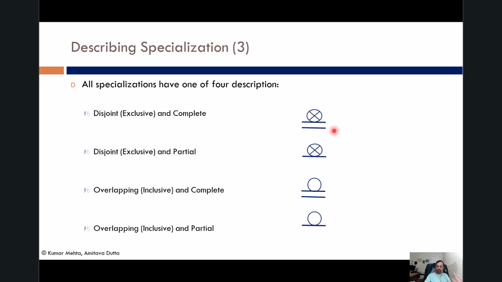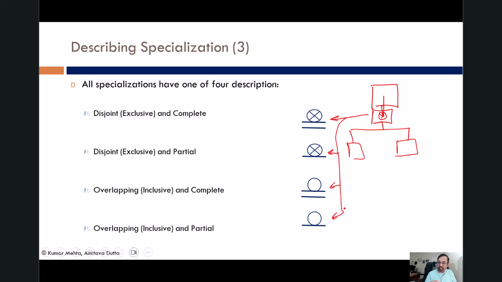If you see this symbol, what does it mean? Specialization simply means you have a supertype and then you have subtypes below it. That's what specialization means. So this little box over here, it could be any one of these.